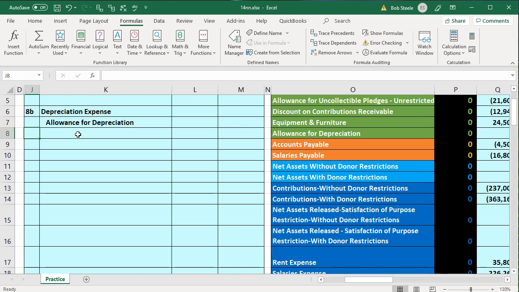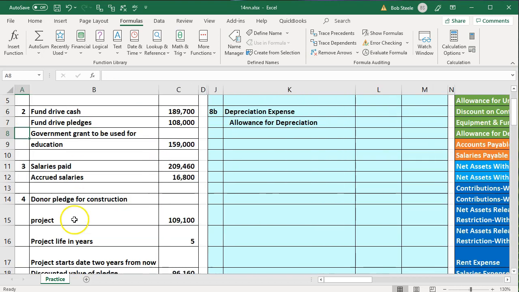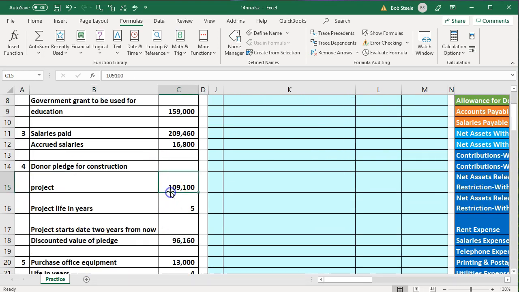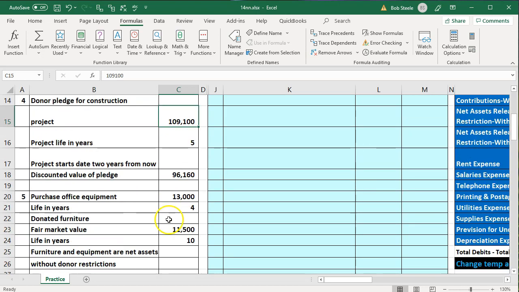Now the calculation on this, you'll note that we had this 109, that's the project. We're looking at this item, I'll make this green. We had the 13,000 equipment for a 4-year useful life and the 11,500 at the 10-year useful life. We're going to assume that both of those use a straight line method and that we had them for the entire year.